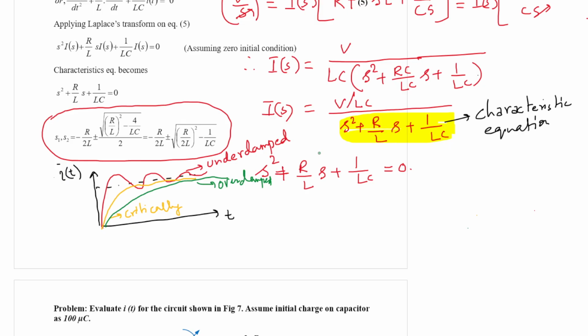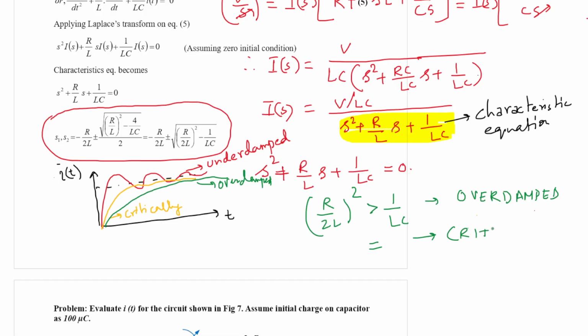If R by 2L whole square is greater than 1 by LC, then the response is called overdamped. If it is equal, then it is called critically damped.